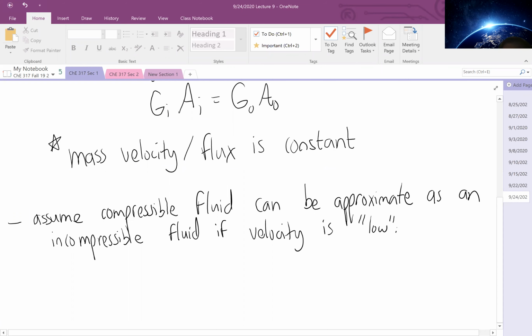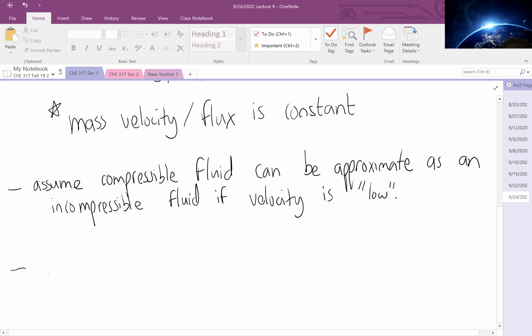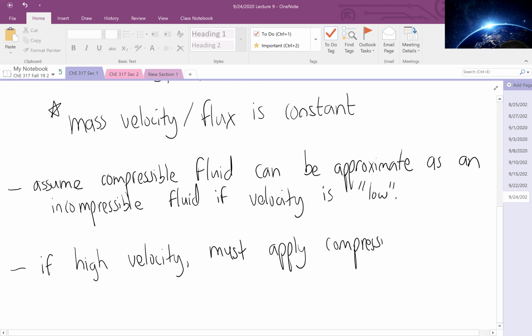And that's relative. We'll talk about what that means in a second. And if we have a high velocity, we must apply our compressible flow expressions.